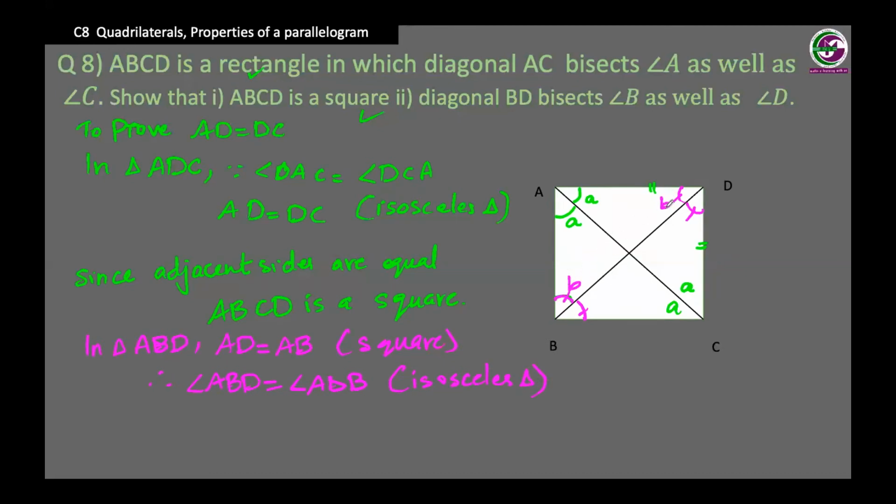Let us name B. But we know that alternate interior angles are equal because AD is parallel to BC. So angle ADB is equal to angle CBD, alternate interior angles.